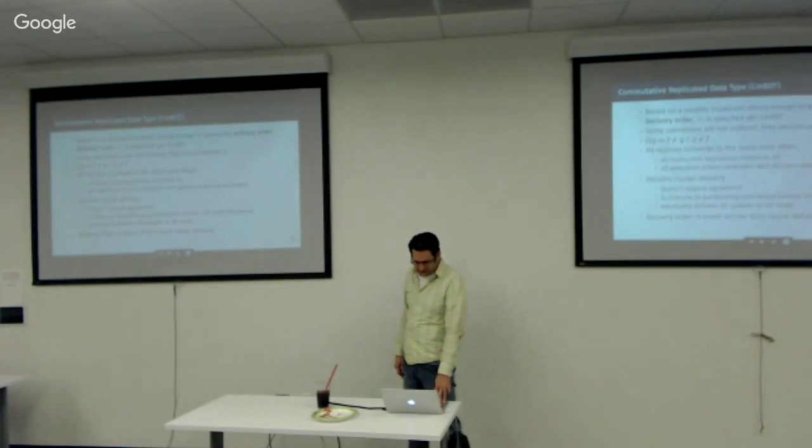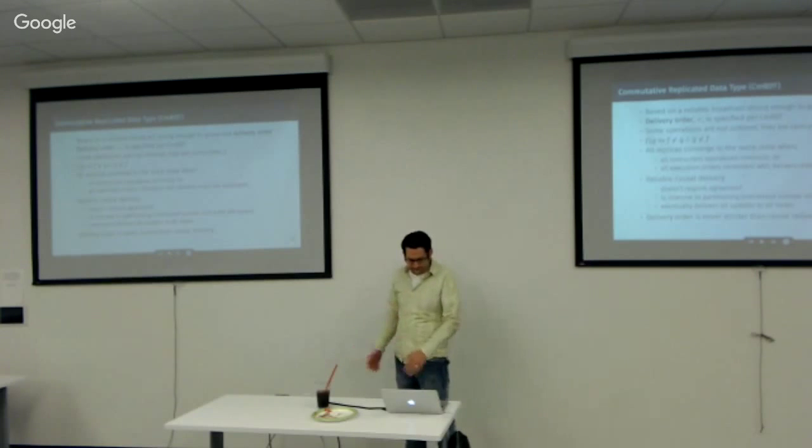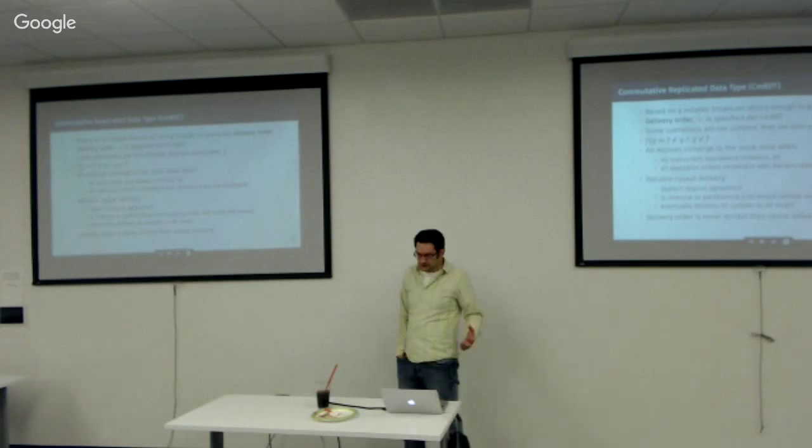So reliable causal delivery is a kind of delivery order. It doesn't require agreement. It's immune to partitioning in the sense that all of the connected subsets are still working when there's a partition. And then eventually when the partitions are healed, the deliveries all occur on all the nodes. Some of them may need to queue up a bit in order to satisfy the delivery order requirements.